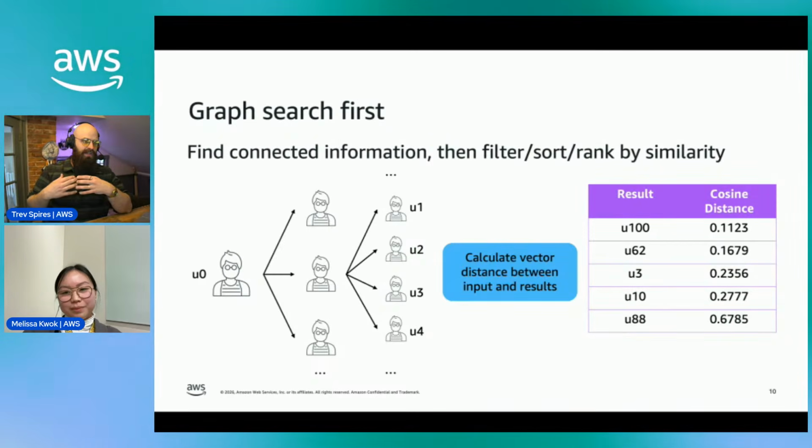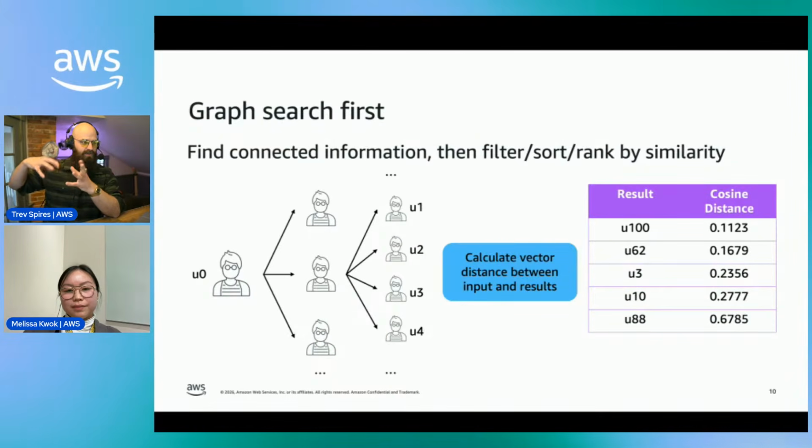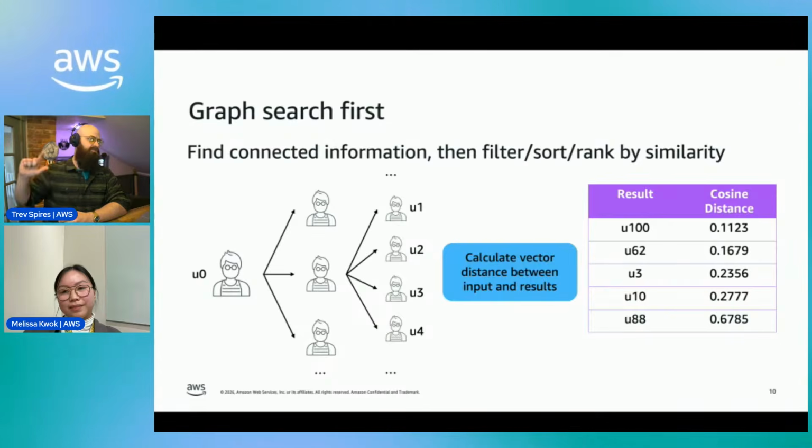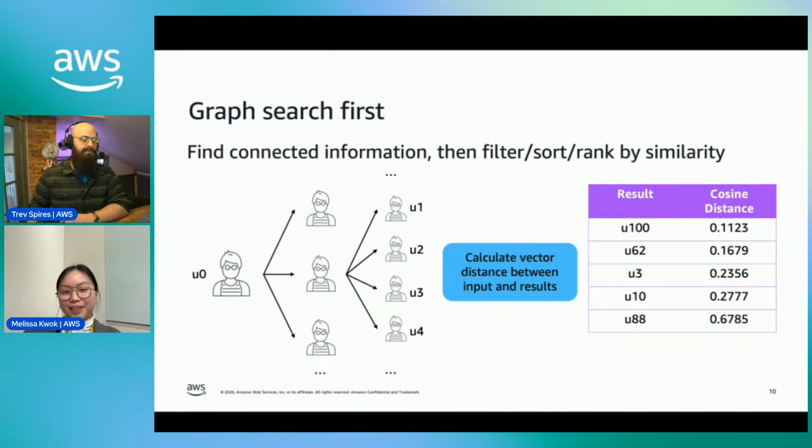And so you can tack a more traditional KNN or vector search on at the end to find which of these thousands of options yielded from the graph search are most relevant to return to the user. Yeah, absolutely.